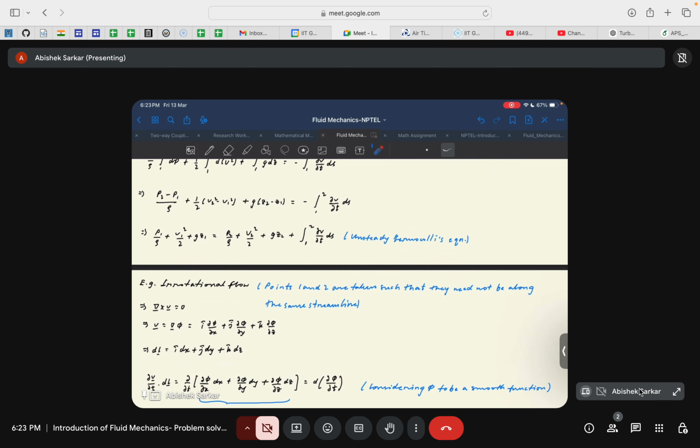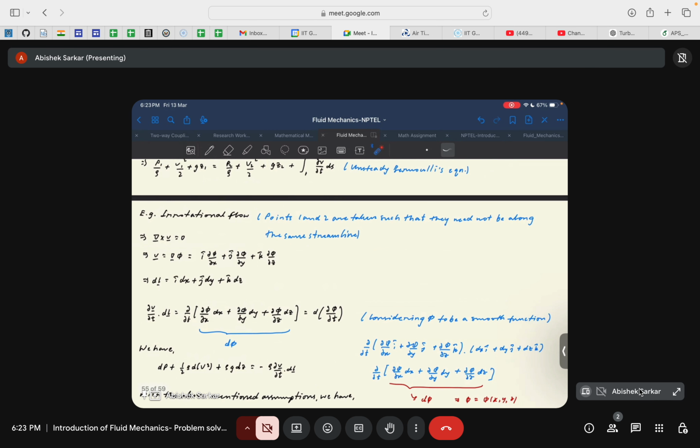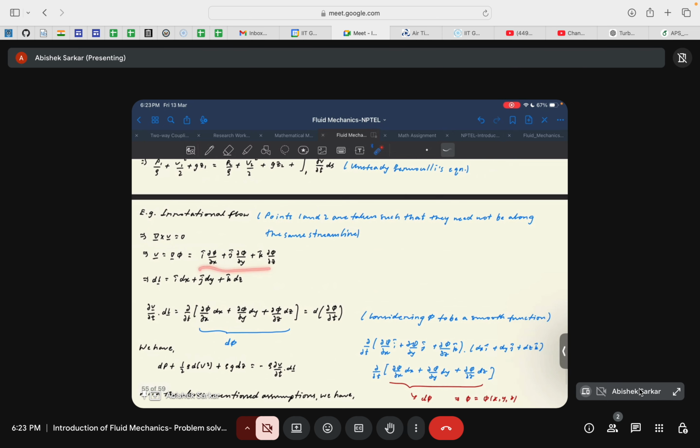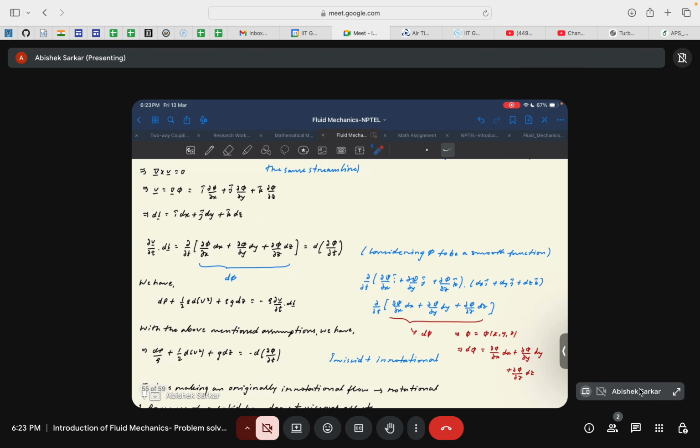By now you know already. So we'll have del cross v is 0, so v is nabla phi, which in Cartesian coordinates can be represented as this one. Now dl is i cap dx plus j cap dy plus k cap dz.